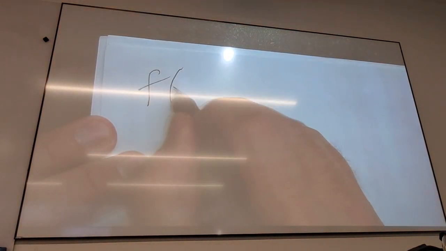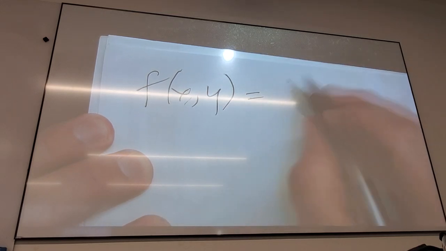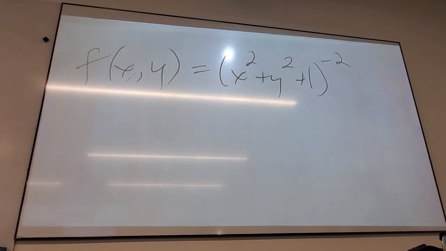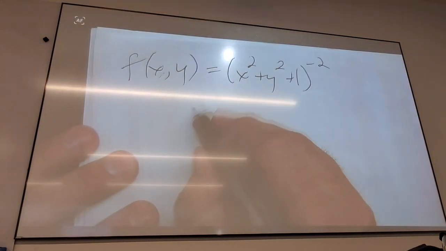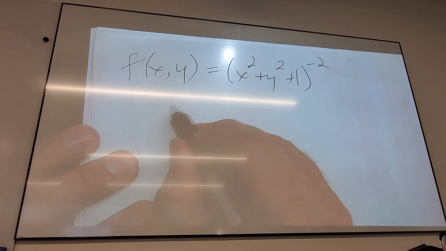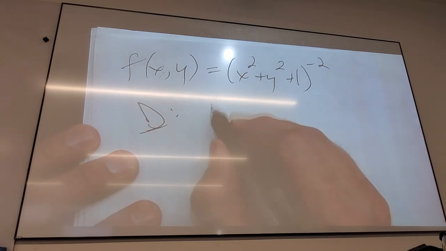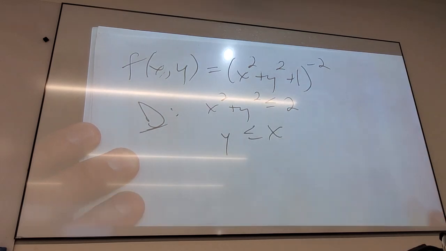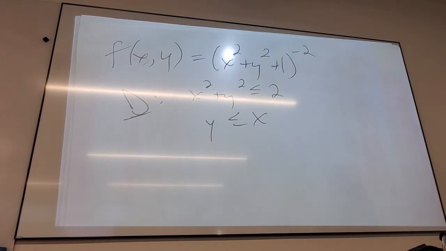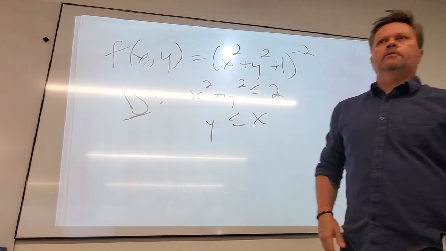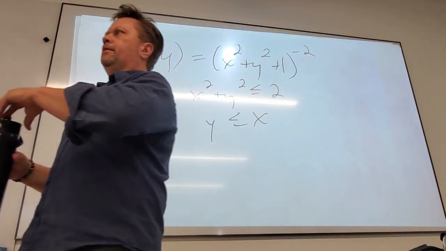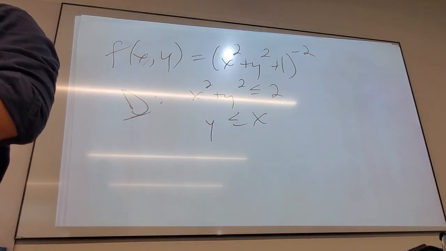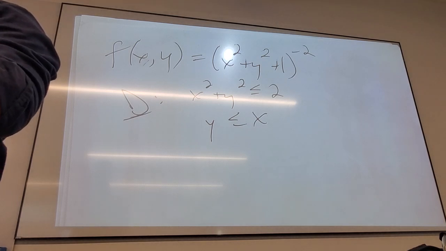So let's say I've got this function, and I want to find the volume under it over a region D in the xy plane, where x squared plus y squared is less than or equal to 2, and y is less than or equal to x. This is not always true, but when you see x squared plus y squared, you try this with xy, but polar would probably be easier.